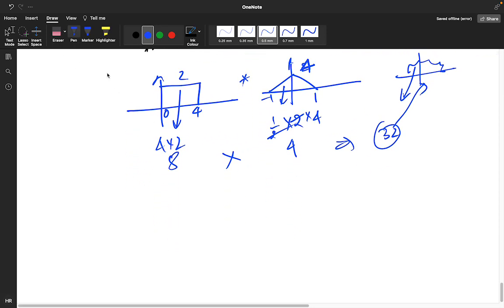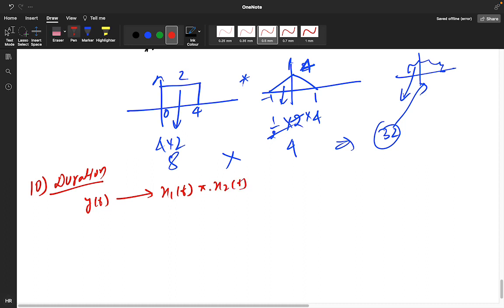And the last property, the 10th property, is duration, or signal extension. Suppose y of t is x1 of t convoluted with x2 of t.